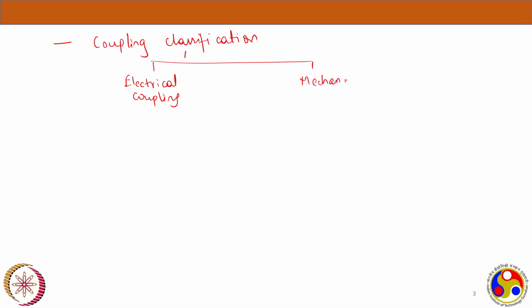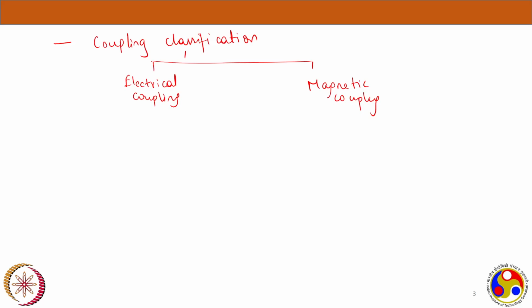Mechanical coupling. Sorry, so sorry, it's magnetic coupling. Yesterday we saw these two, right? I will get into definitions of these two as well, and we will solve some good circuits. You will understand it clearly. Now, electrical coupling and magnetic coupling are the two types of couplings that exist.